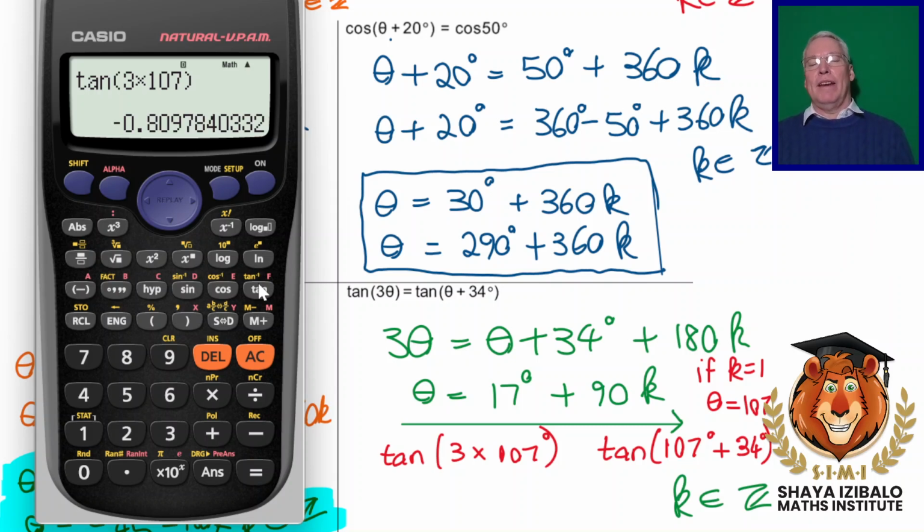Just remember that number, negative 0.809. Okay, now let's work out the tan of 107 plus 34. We're going to get exactly that same number. There it is.